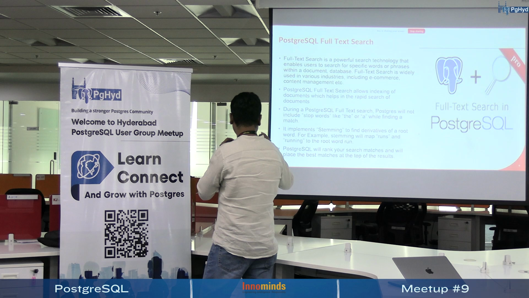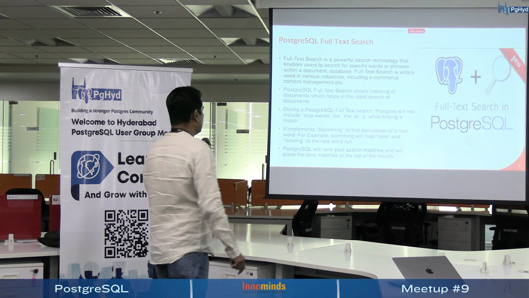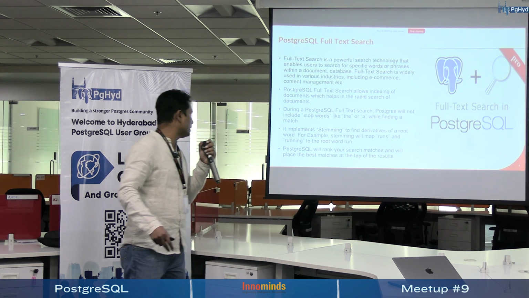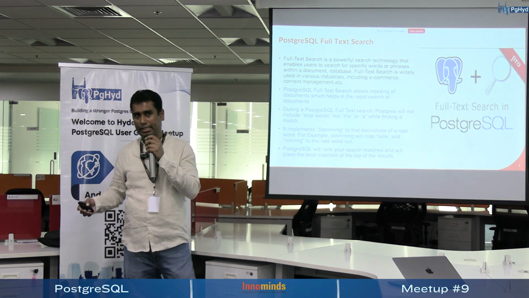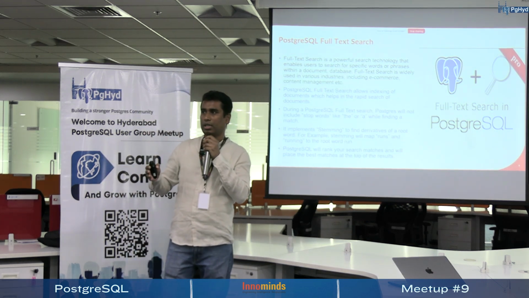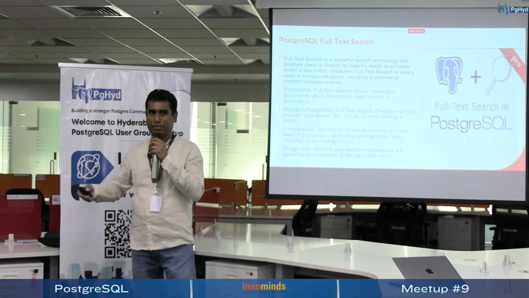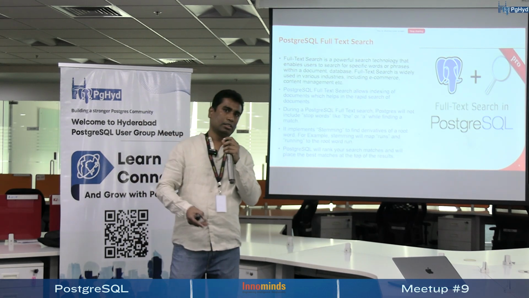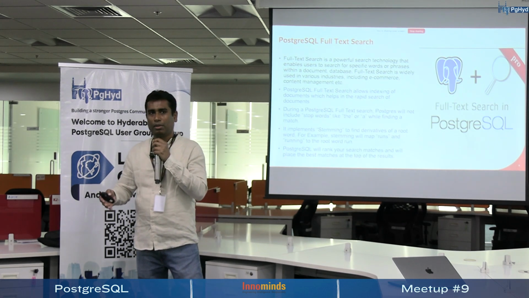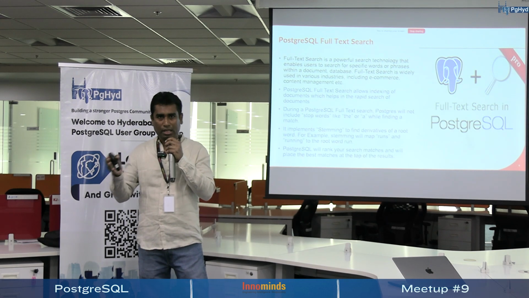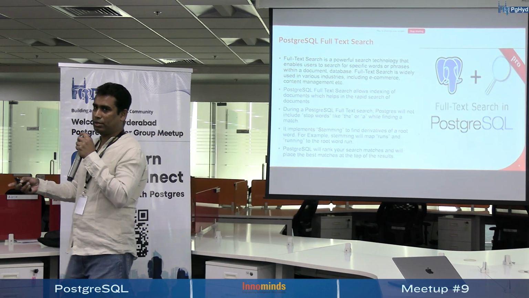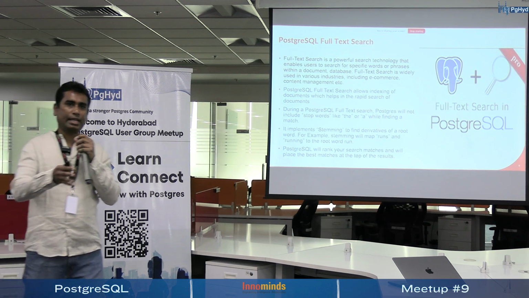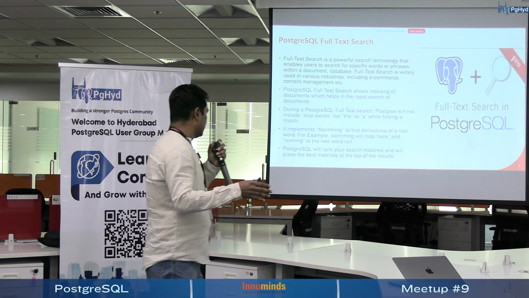Now coming to the next point, it implements stemming to find derivatives of a root word. Suppose you are using rats or cats, multiple cats, or maybe running. It will convert running into run, rats into rat, and cats into cat.